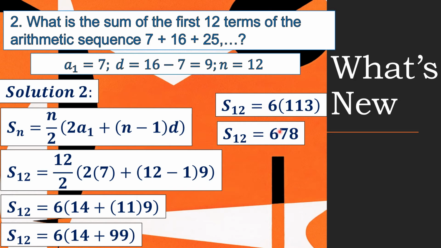So, same lang din naman dun sa nakuha natin kanina. Kaya lang, yung isang formula ang gagamitin natin. Pwedeng yung solution 1 or solution 2 ang gamitin natin sa mga ganitong klaseng problem kapag walang a sub n na given.